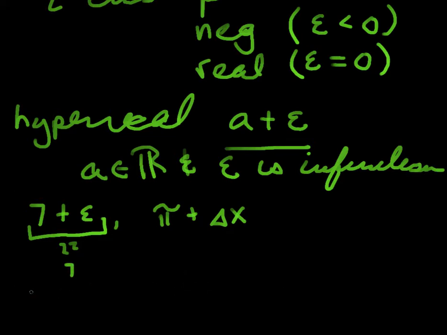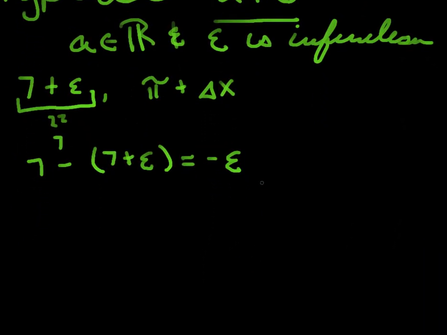And what do I mean by that? Well, 7 minus 7 plus epsilon, that's pretty simple. It's going to be equal to negative epsilon, and it is an infinitesimal. So we'll say that two numbers, a and b, are infinitely close.